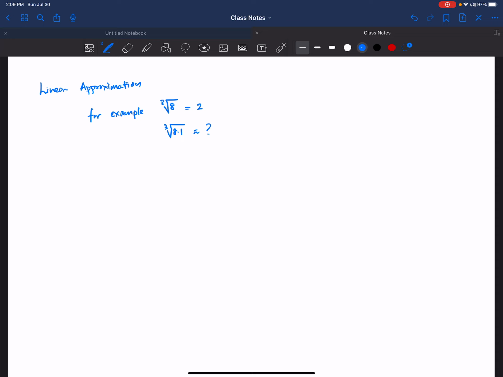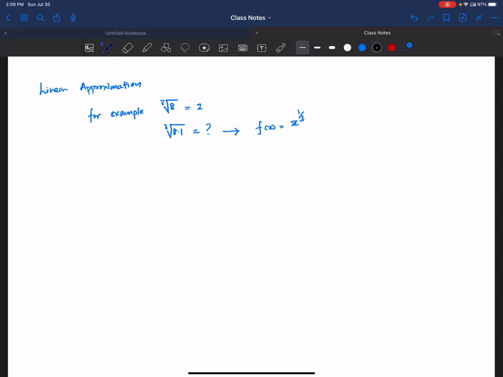Now, through the concept that we learn in linear approximation and also with linearization, we would be able to find the root of this value by taking the linear approximation of the function f of x equals x to the power 1/3.